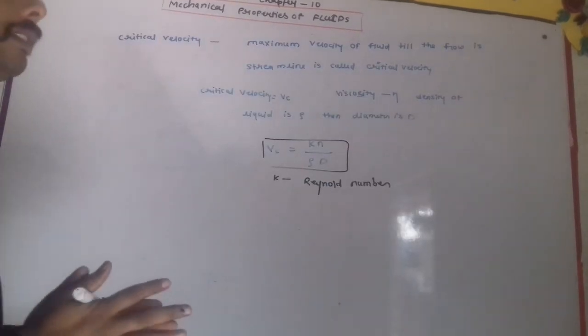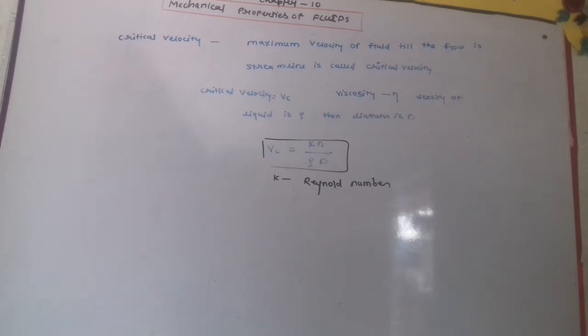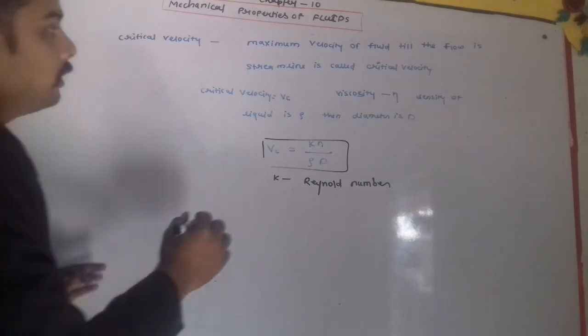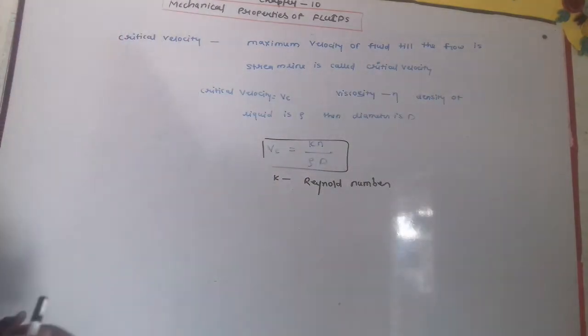Now we will discuss a new definition regarding critical velocity. Critical velocity is the maximum velocity of a fluid up to which the flow is streamlined.